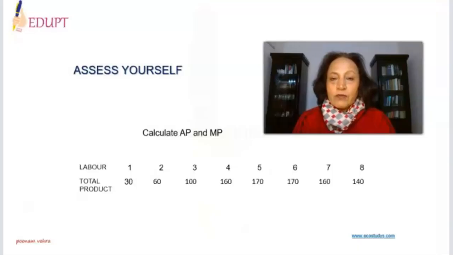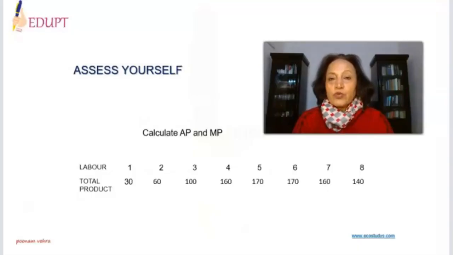With the fourth labor, total product further increases to 160. With the fifth labor, it further increases to 170. When sixth labor was employed, it remained as 170. And then with seventh labor, the total product now decreases to 160. And when eighth labor is employed, total product further decreases to 140.